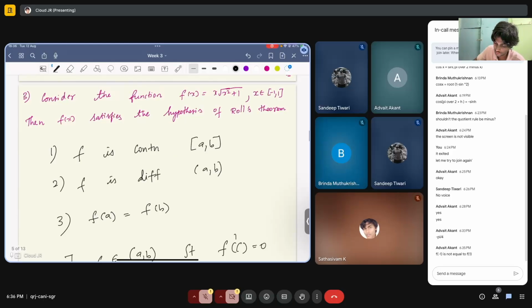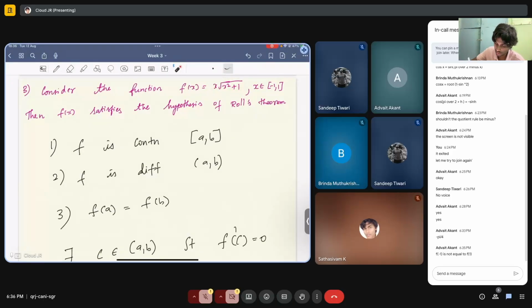Now we have to check each of these. You can go in order, though this will be easy to check here. So is this a continuous function, first of all?